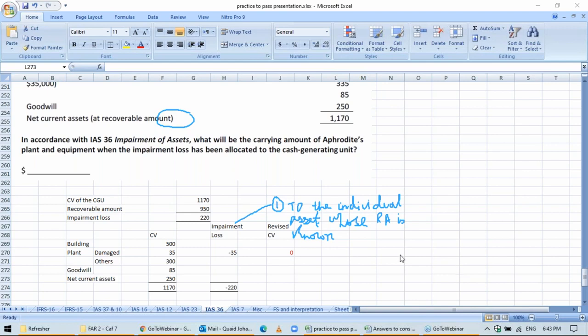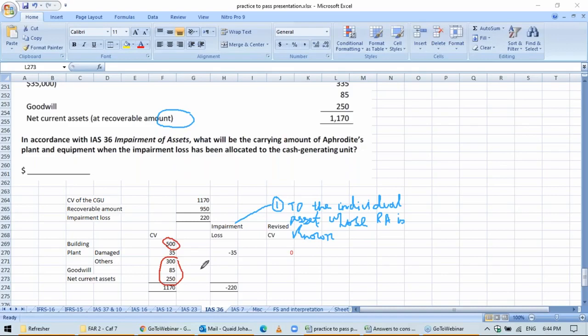So other than the damaged plant, we have the building, others, goodwill, and the net current assets. So now I will treat the cash generating unit, which includes these 4 items in the red circle, right?